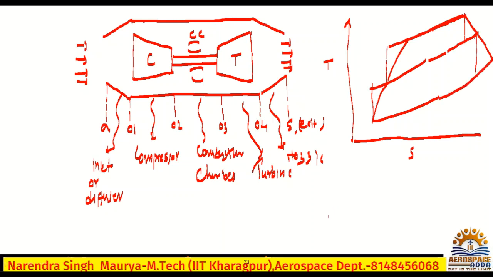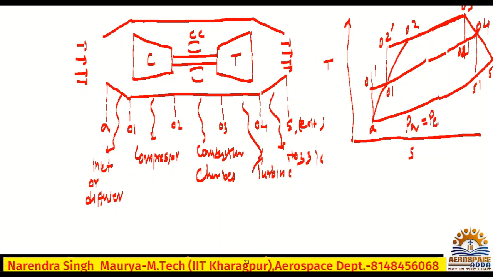So you just say this is A, 1, 2, 3, 4, and here we have 5 or exit, and these are the isentropic points. So for the fully expanded case, PA is equal to PE.